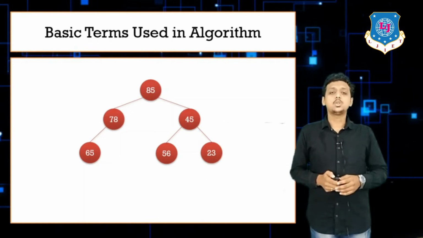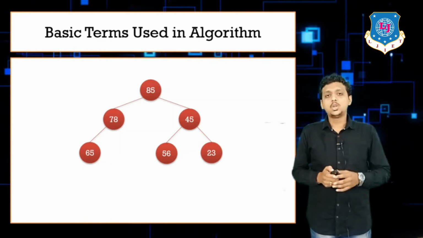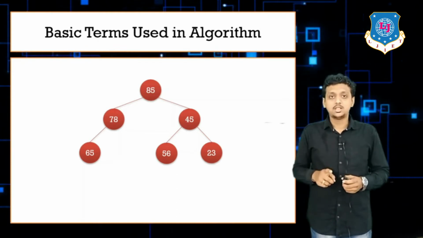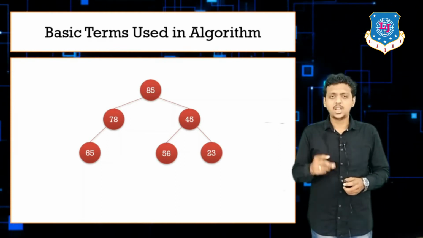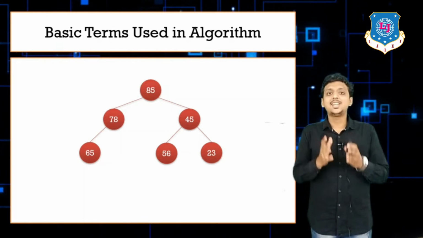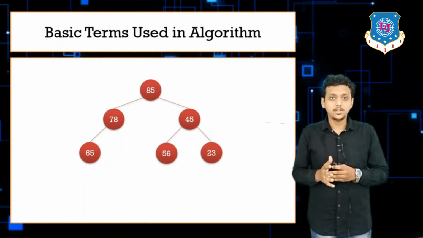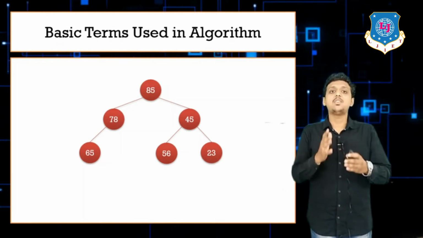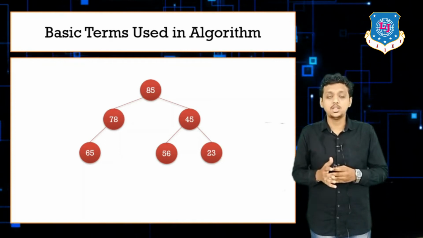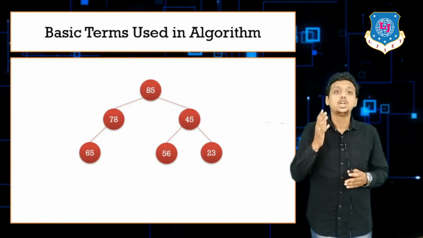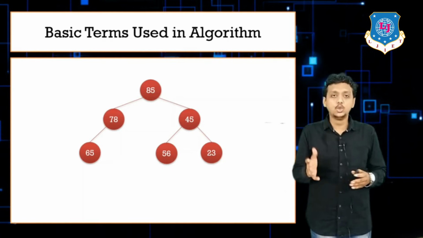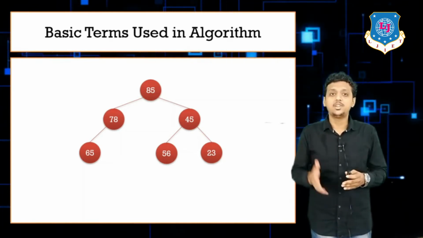Fine. So here we are going to assign one pointer that is known as T. We know that a linked list starts from the first pointer. In a linked list we have left pointer and right pointer. In a stack we have a top pointer. In a queue we have front and rear.